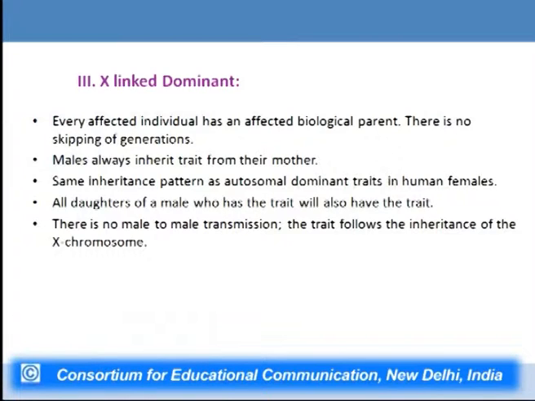The same inheritance pattern as an autosomal dominant trait is seen in human females. All the daughters of a male who has this trait will also have the trait, because all daughters get one X from their father.